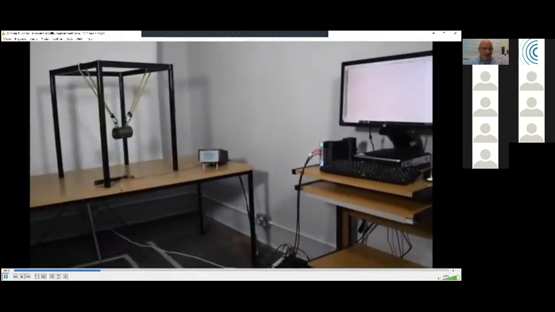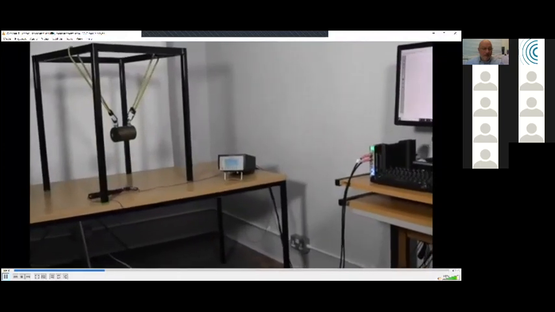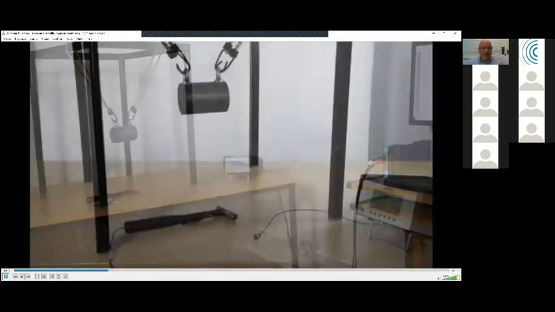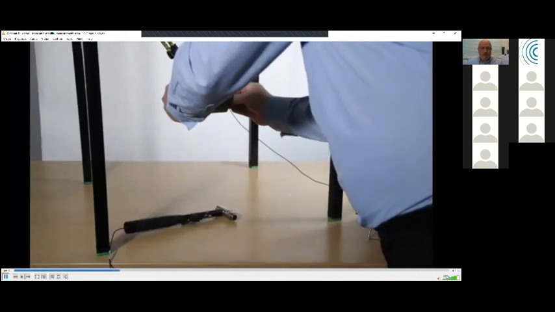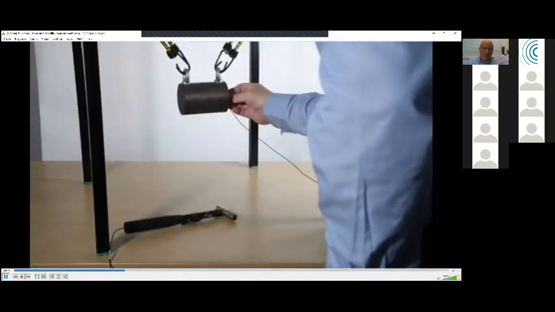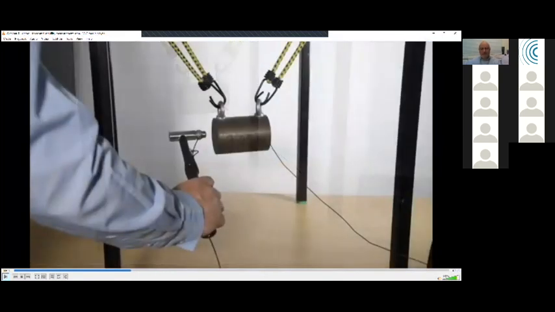So here's a setup now. What we have here is a resiliently suspended mass, and there's a man in a nice shirt putting an accelerometer on using beeswax onto the back face of the mass. So what we have here is actually from Newton.